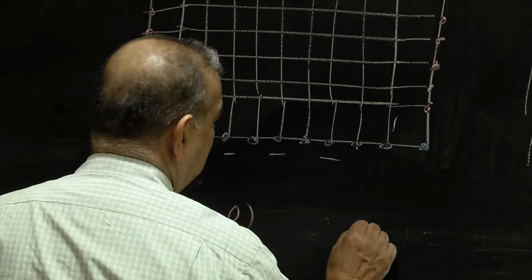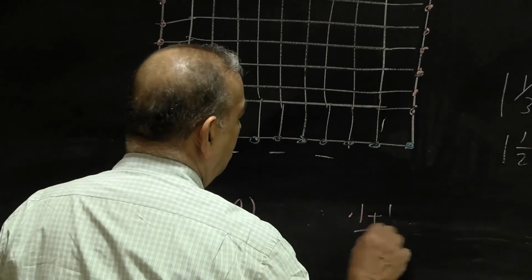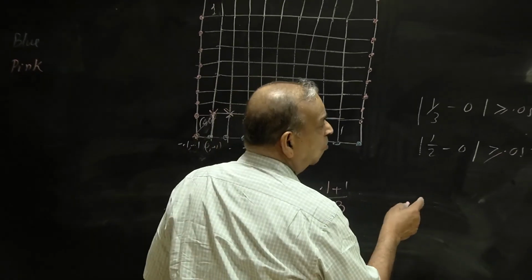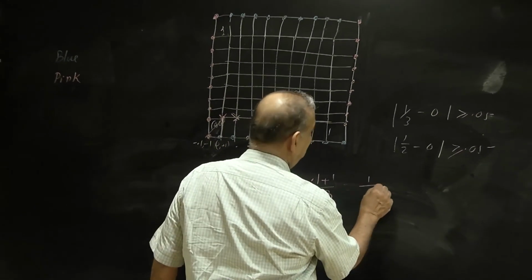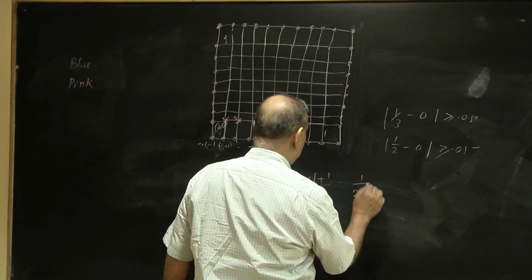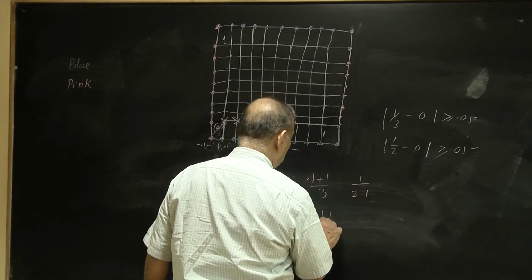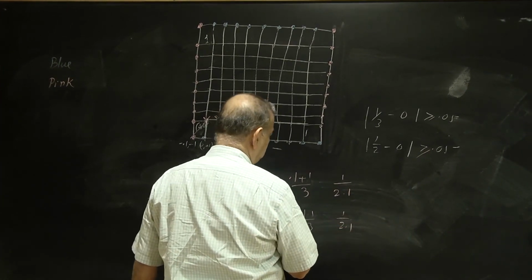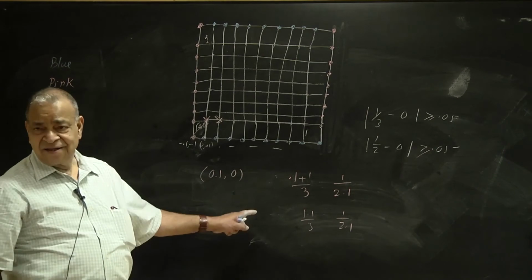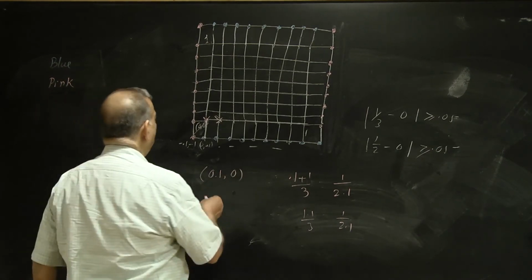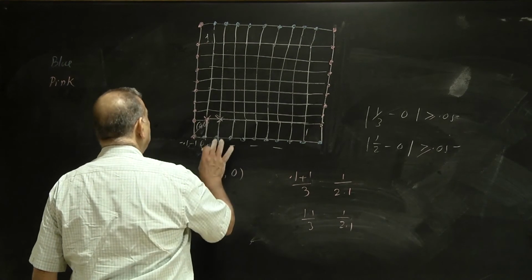That one is 0.1 plus 1 over 3, and with y as 0, 1 over x is 0.1, so 2.1. So 1.1 over 3 and 1 over 2.1, for sure this again the girl gets it. Agreed? So this point is also occupied by the girl.